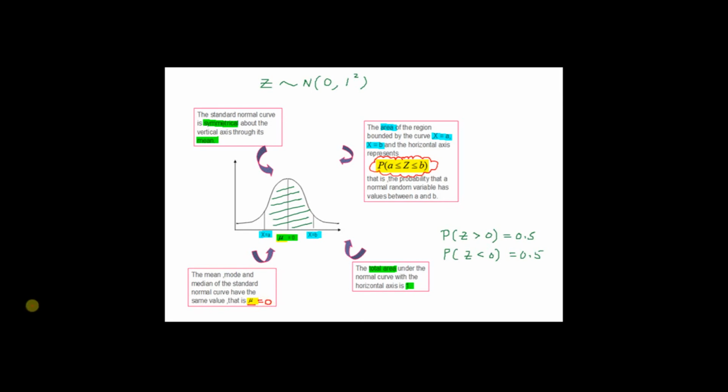Next, I'm going to show you how to find the probability using a standard normal distribution table. This table is given in your exam. Make sure you know how to find the probability from the table, because in all the questions in the exam, you are required to find the probability using this table.